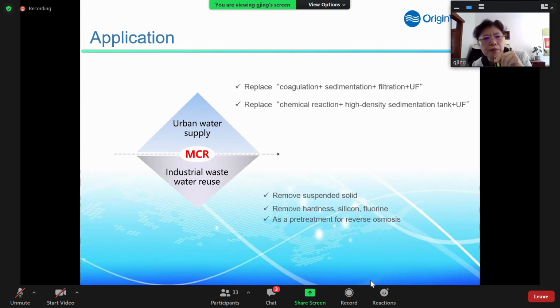This MCR can be used in different areas. As I mentioned, it can be used for local water supply, and also for small scale industrial wastewater treatment and reuse.